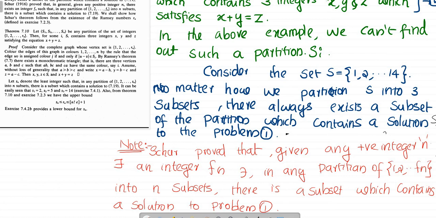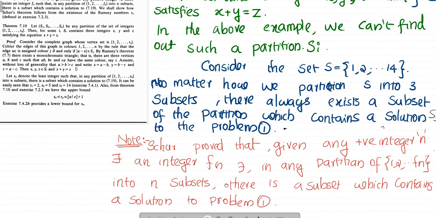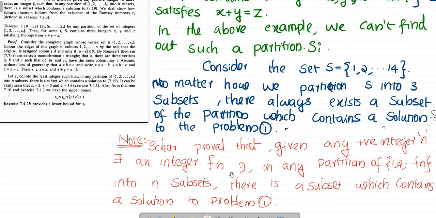Schur proved that given any positive integer n, there exists an integer f(n) such that in any partition of 1, 2, 3, etc. up to f(n) into n subsets S1, S2, etc. Sn, there is a subset Si which contains a solution.